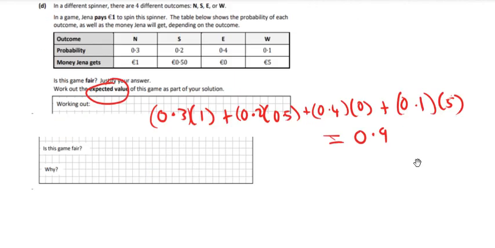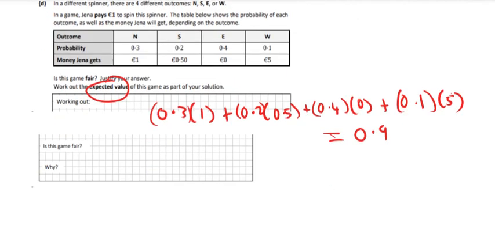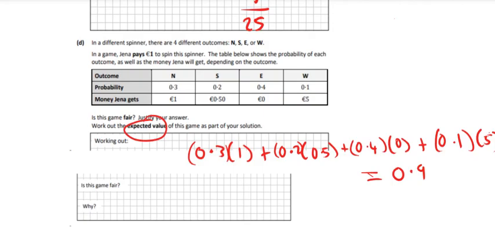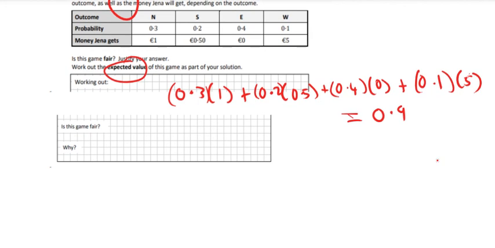So then, is the game fair? She pays €1 into this game, so she has €1 in. Therefore the answer will be no, because the expected value is less than the money paid in.